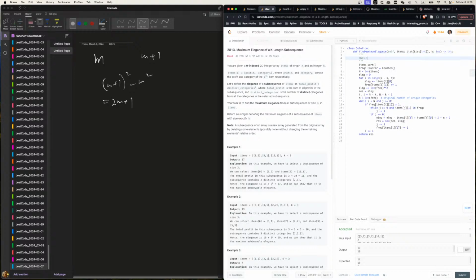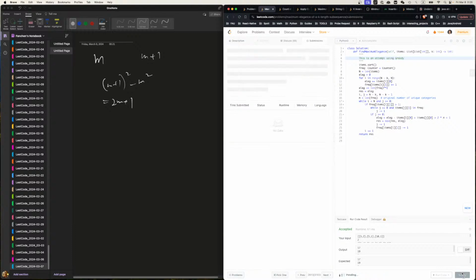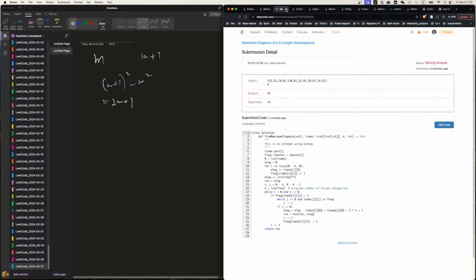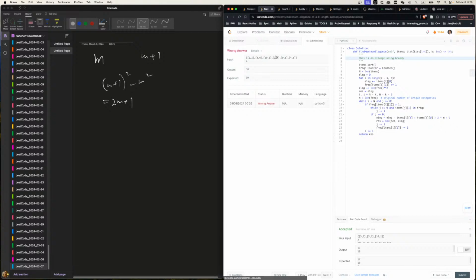This is just an attempt using greedy. All right, let's see if it works. Nope, does not work. Okay, so greedy does not work. And if greedy does not work, that's going to be a long day.